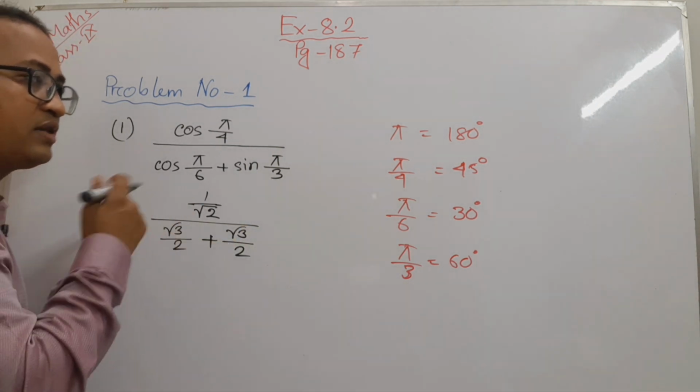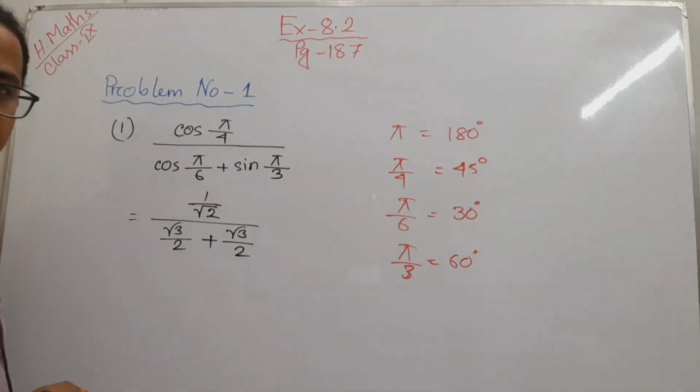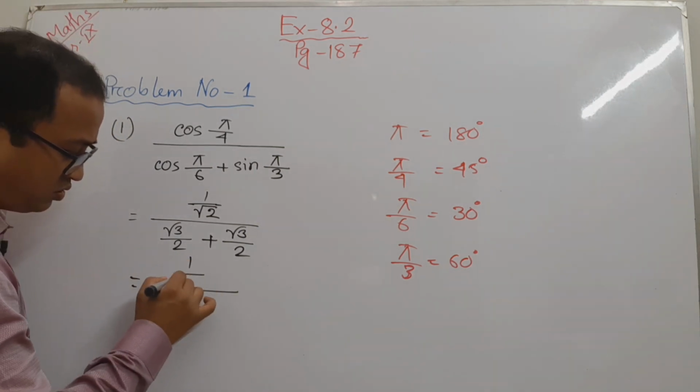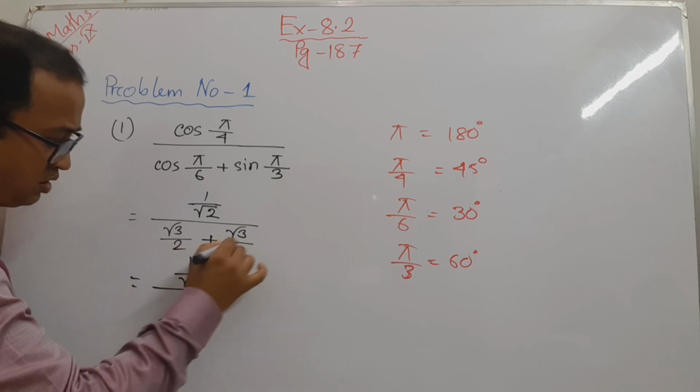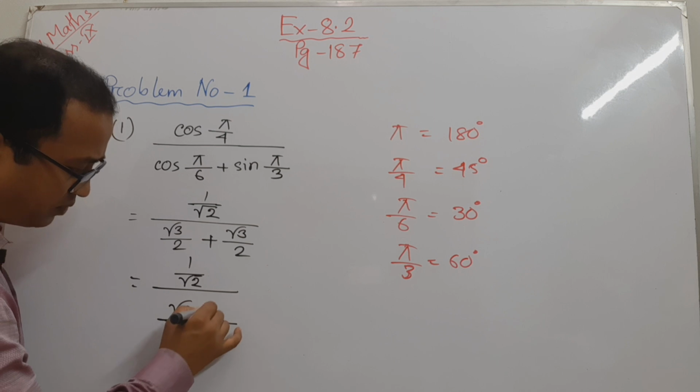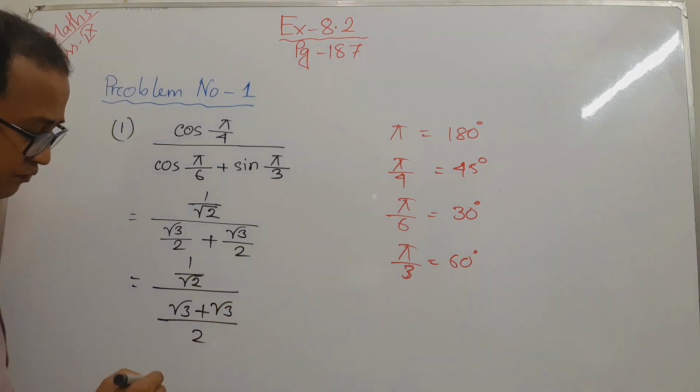Now we will calculate this to find out the value. If you do the LCM over there, it will be 2 root over 3 plus root over 3.